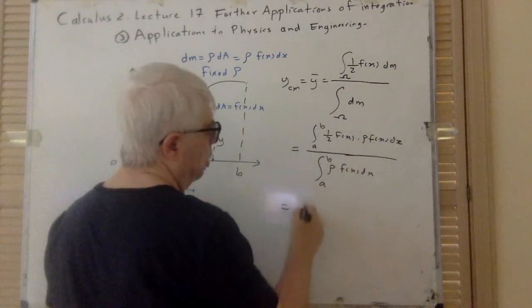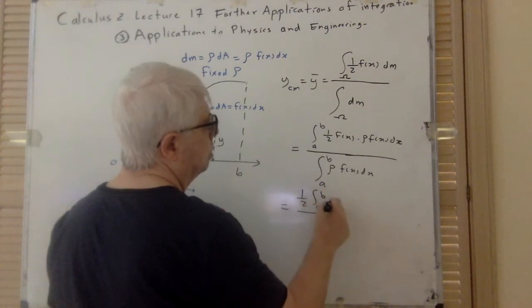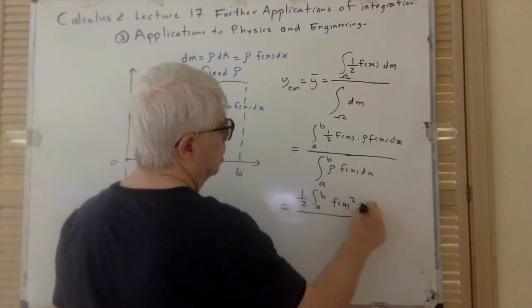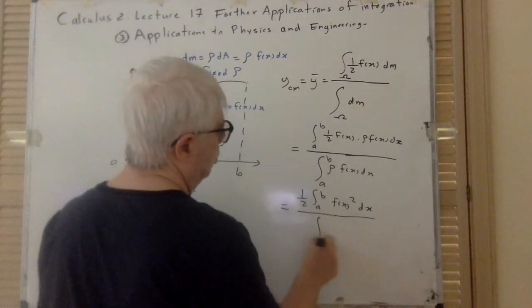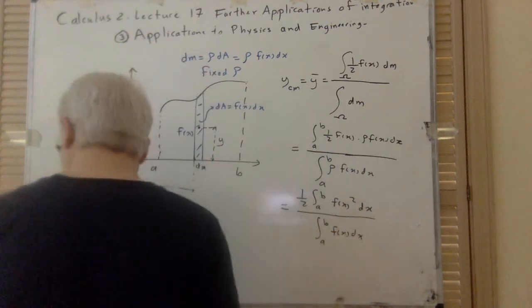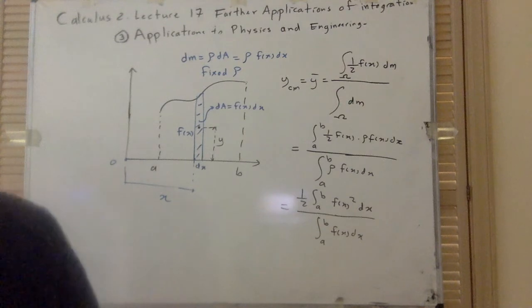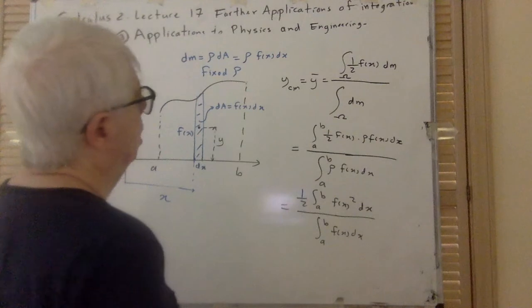I can get rid of the rho, and I have 1/2 times the integral from a to b of f(x) squared dx over the integral from a to b of f(x) dx. Okay, so that is y bar.